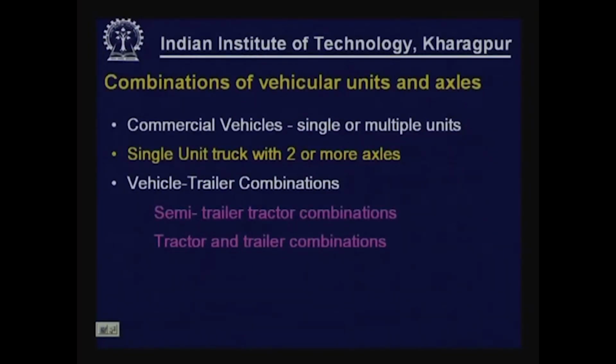So accordingly we call it as either a single unit truck having 2 axles or more axles, or vehicle trailer combination, which is either a semi trailer tractor combination or tractor trailer combination. We will see what these combinations are in the next slide. So we basically have single unit vehicles, we have semi trailer combinations, we have tractor trailer combinations.